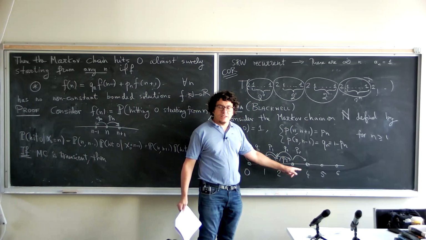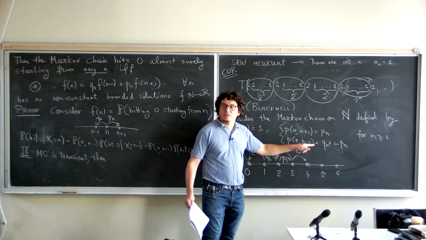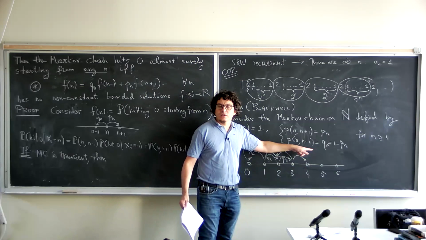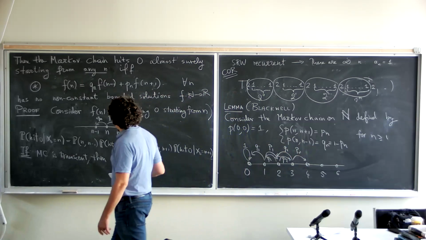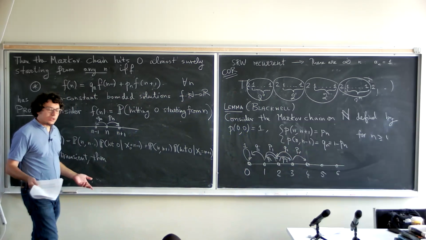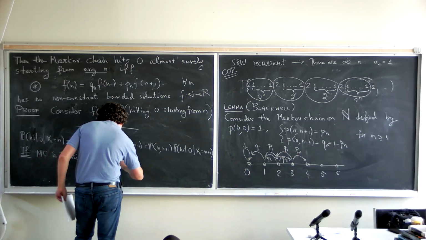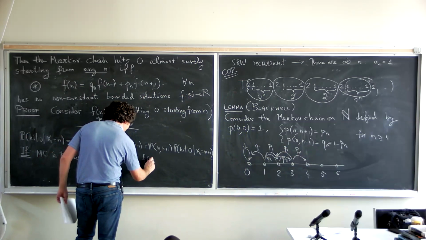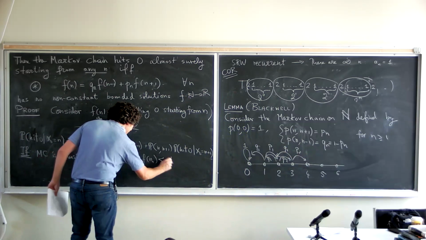There is a certain escape probability. And so this would imply that f is not constant. Then there exists n0 such that f of n0 is strictly less than 1.